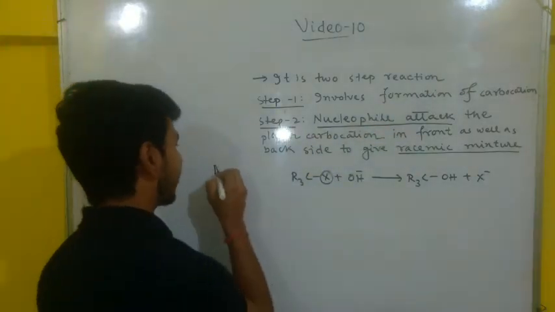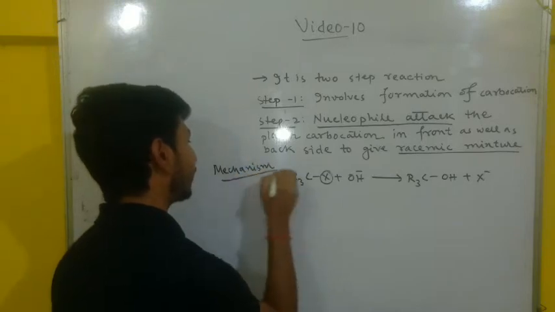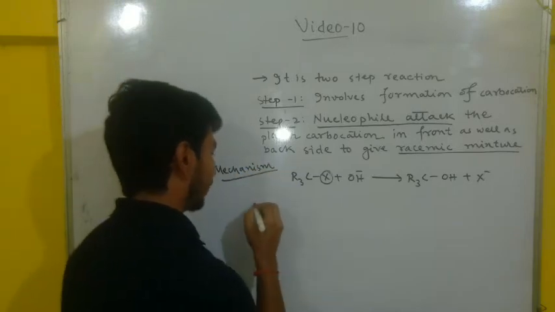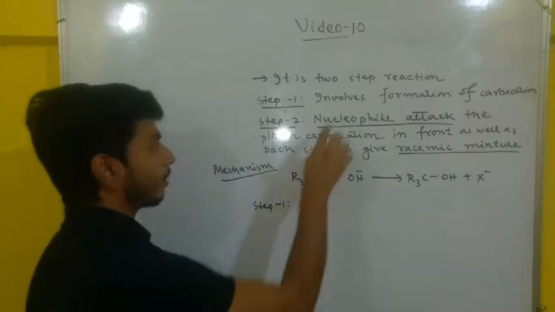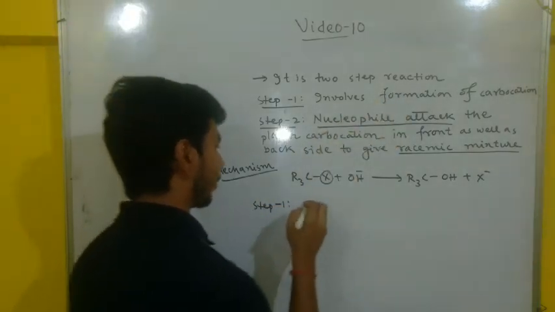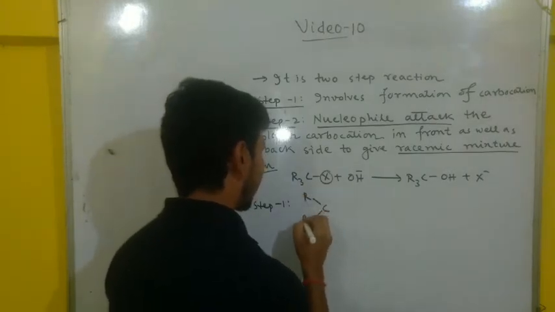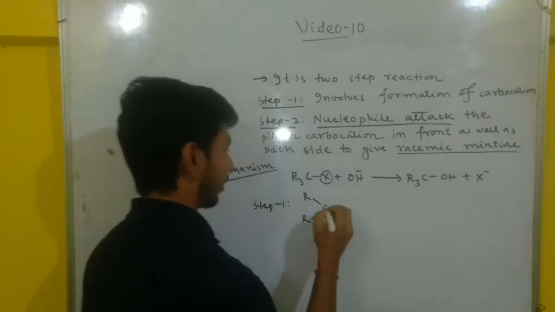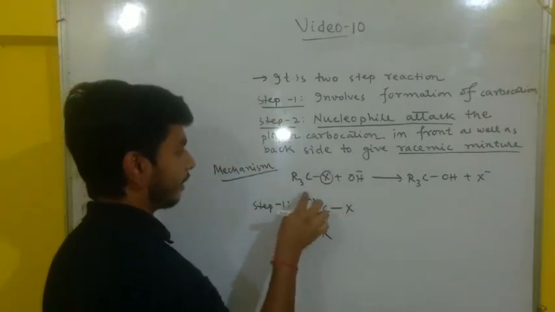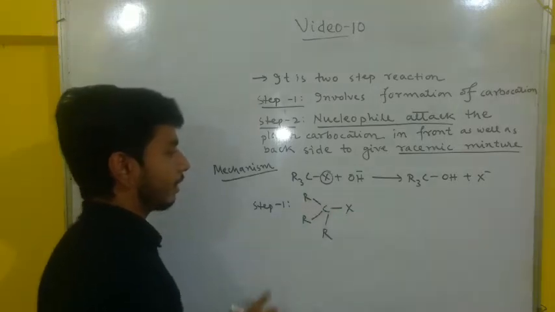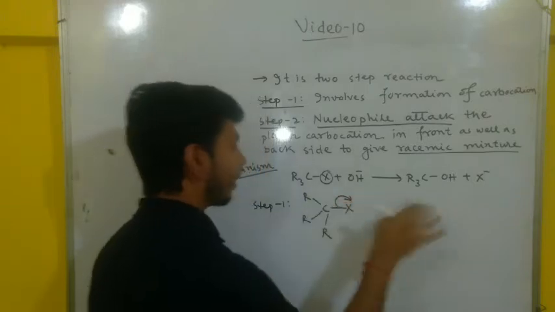So what is the mechanism of this reaction? Step 1 involves the formation of carbocation. How is the carbocation generated? We have CR3X. In the first step, the halide group will leave.